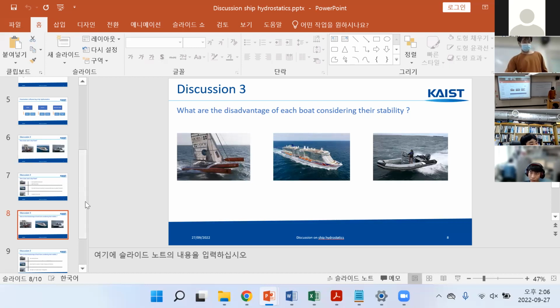Do you have any ideas or something else to add? The only problem with the stability of the second one is if it's overweight, it could sink.